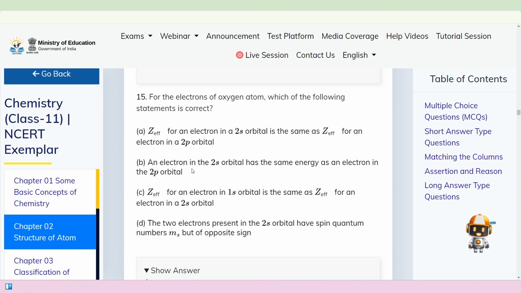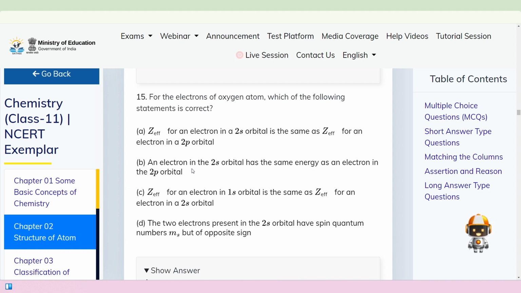Fourth option: the two electrons present in the 2s orbital have spin quantum number ms of opposite sign. Okay, so this is correct. If you talk about an orbital, say the 2s orbital, and two electrons are present in it, both electrons will have opposite spin, because for two electrons, all four quantum numbers can never be the same.